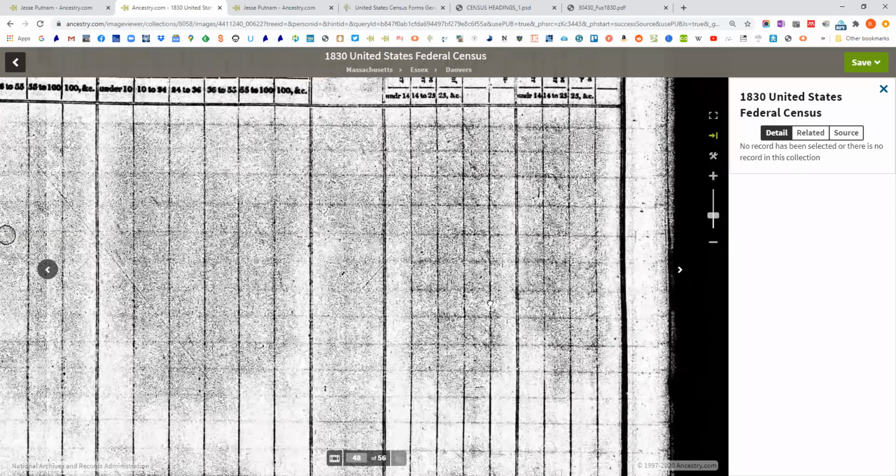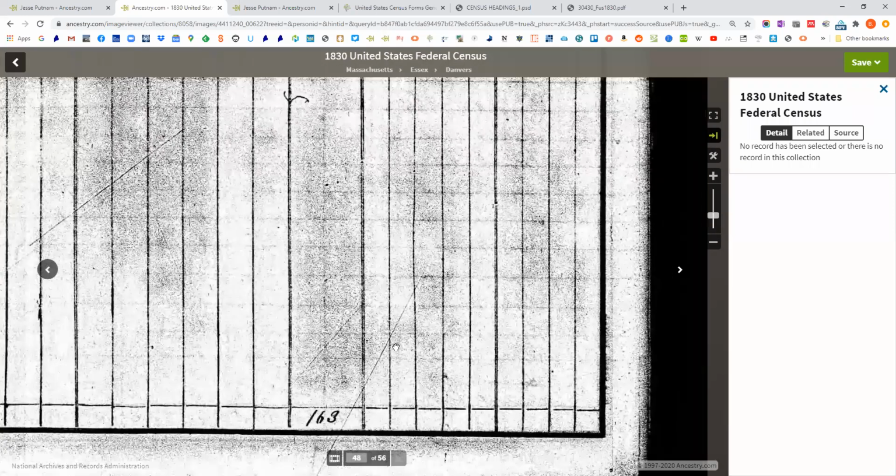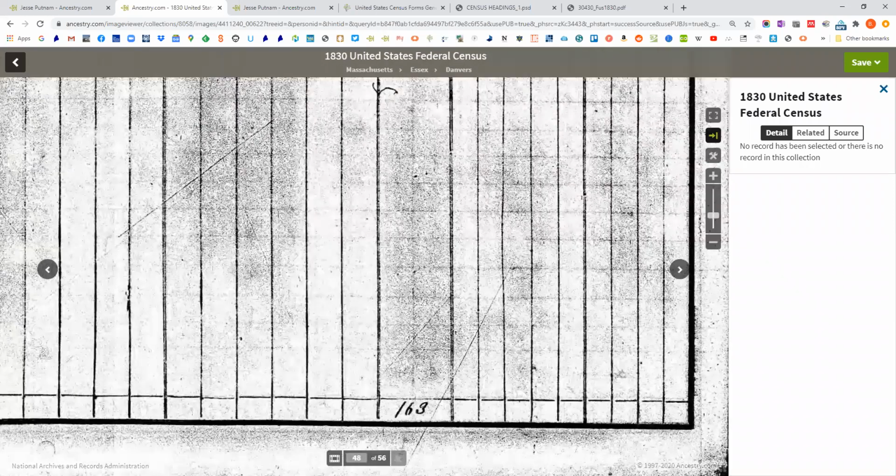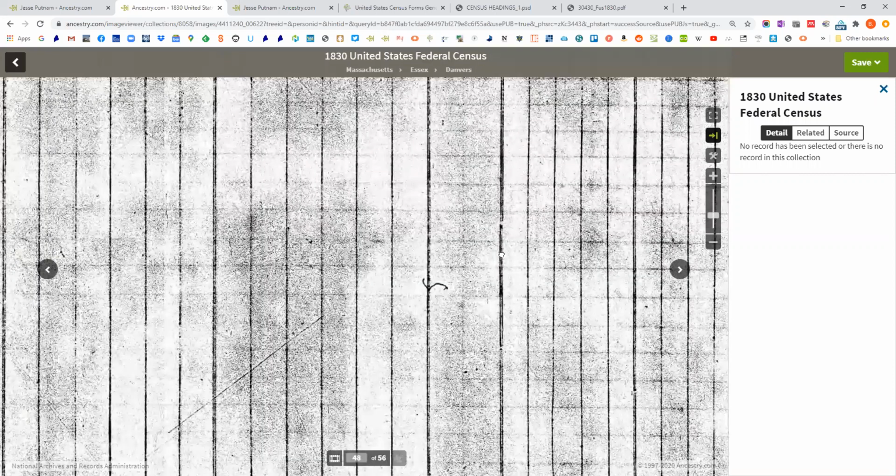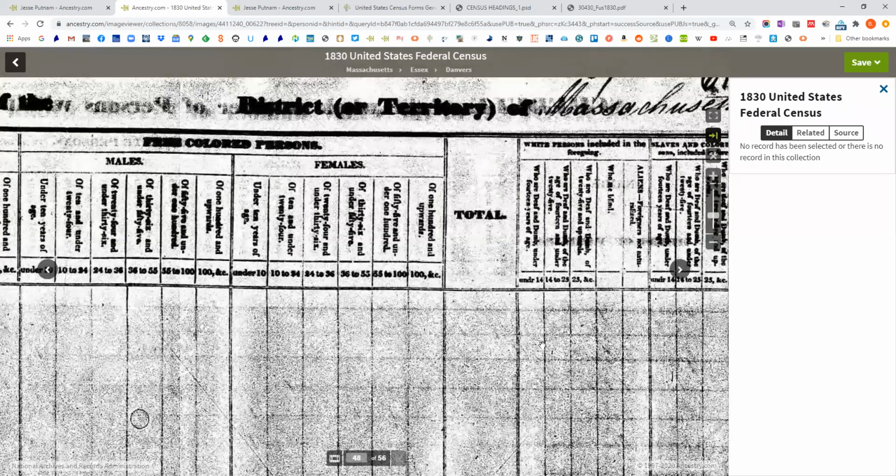And so when it's all blank like this, it's hard to tell. Well, I guess they looked at this page because they totaled everybody. But it's hard to know.